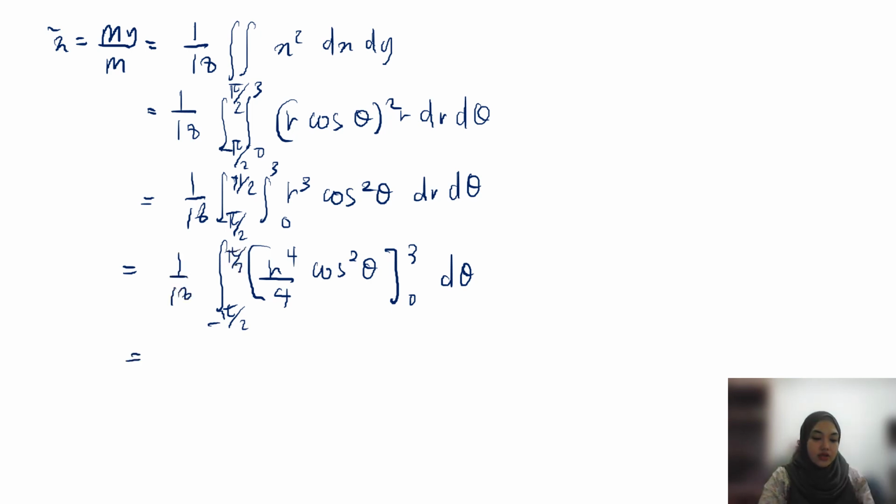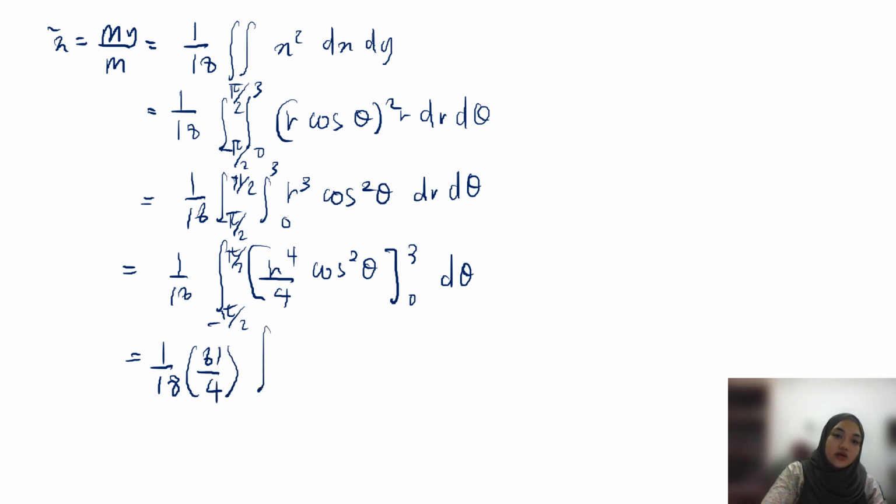After you substitute, you will get 81. So 1 over 18 times 81 over 4, and then you have to integrate cos squared theta. For cos squared theta, we can rewrite it as 1 over 2 times cos 2 theta plus 1, with respect to d theta, for you to integrate easier.